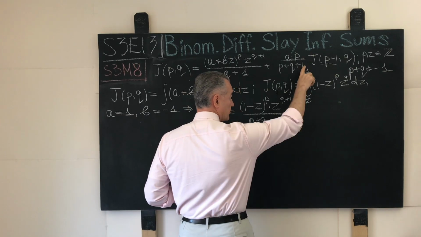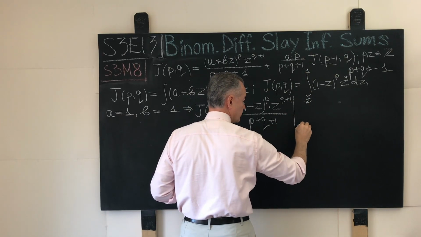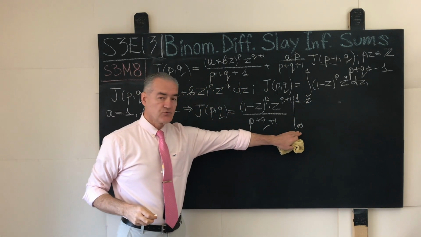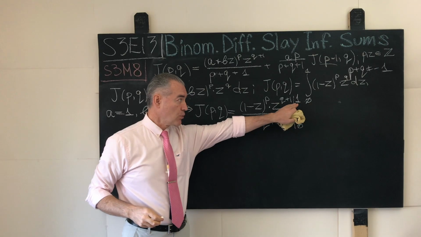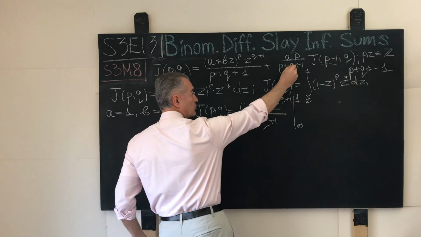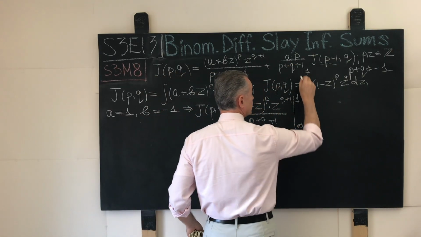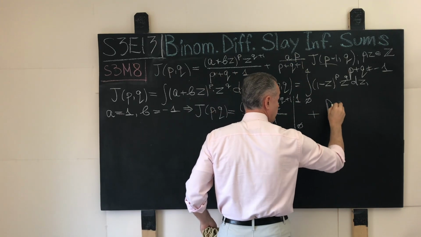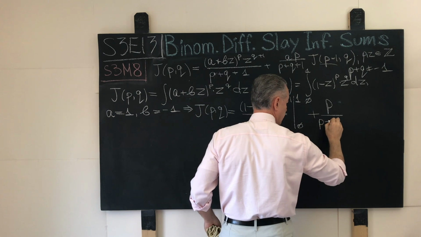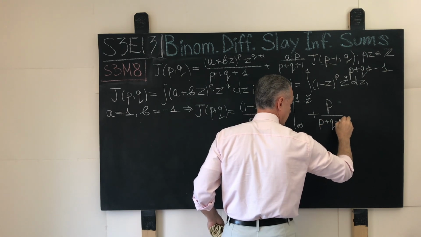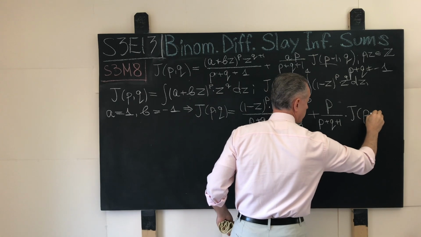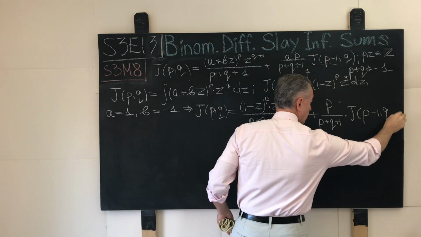But this time, because our integral is definite, we take this free-floating term between the boundaries of 0 for the lower boundary, 1 for the upper boundary, followed by these terms. So what will we have here? There is no b, a is plus 1, so plus p over p plus q plus 1 times the integral J_{p-1,q}.